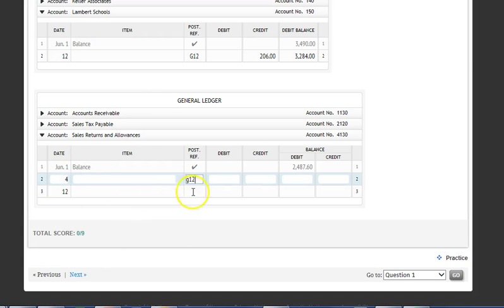G12, G12. Okay, we have a debit of $245, which is going to increase this. And a debit of $206, which will also increase this. And that should be it.